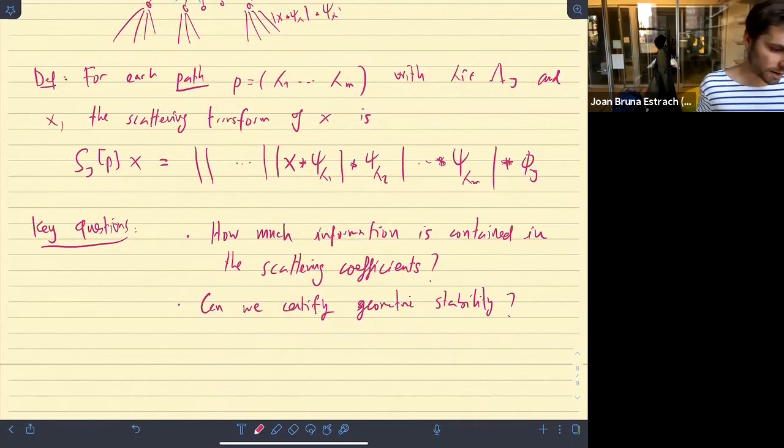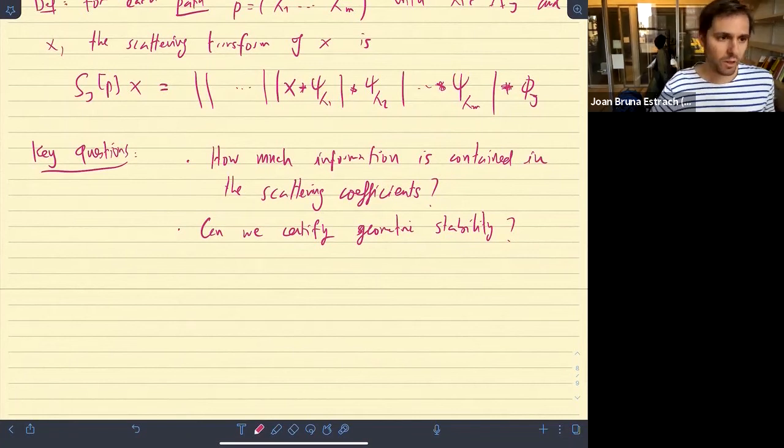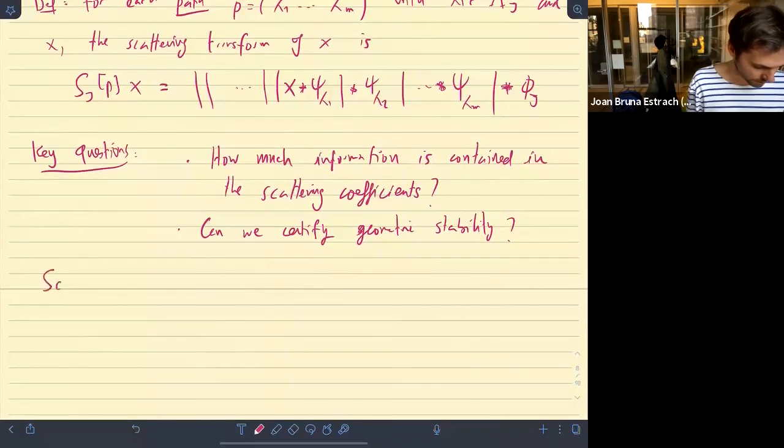And for this, we need to define just one extra thing, which is that this representation you can think of as indirectly defining a metric. It's defining a way to compare input signals. Okay, so this is the scattering metric.